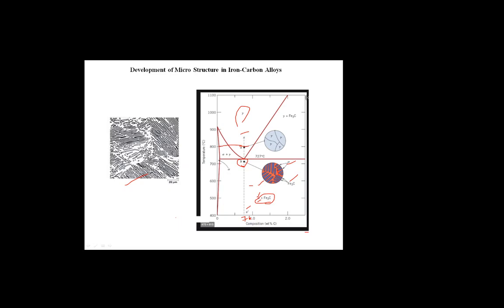The thick light layers are the ferrite phase, and the cementite phase appears as thin lamina, most of which appear dark. So this micrograph lets us understand the layer by layer structure of pearlite: the light mode is representing the ferrite, and the dark mode is representing the cementite.